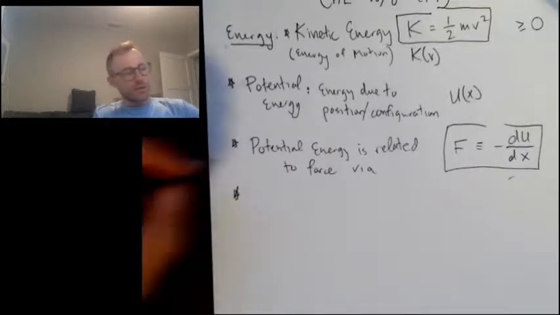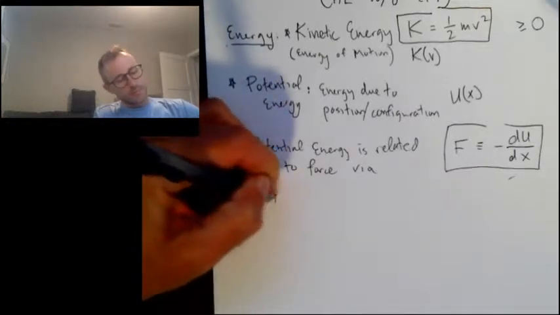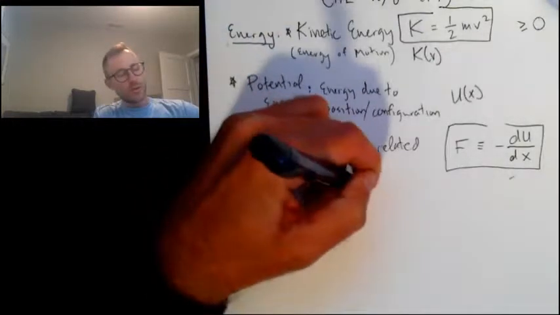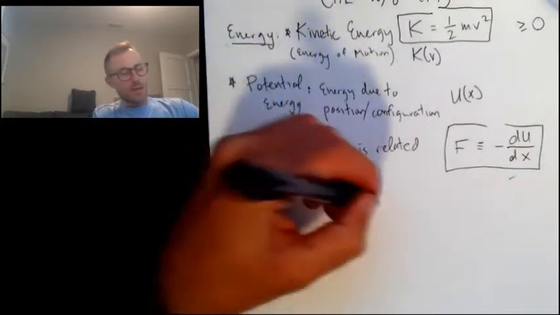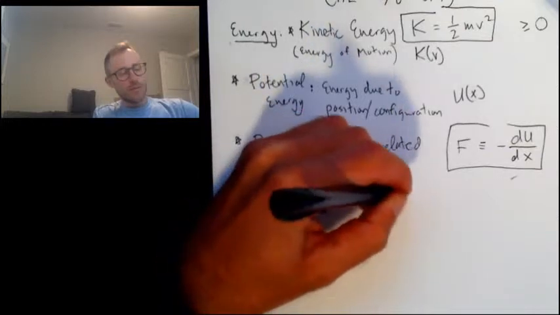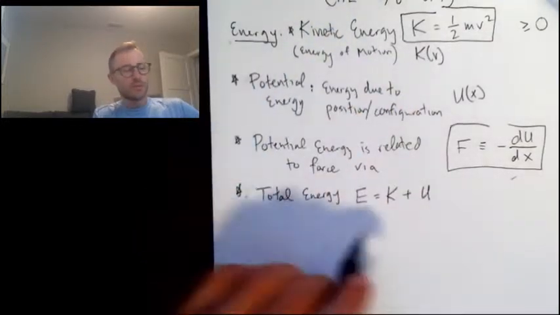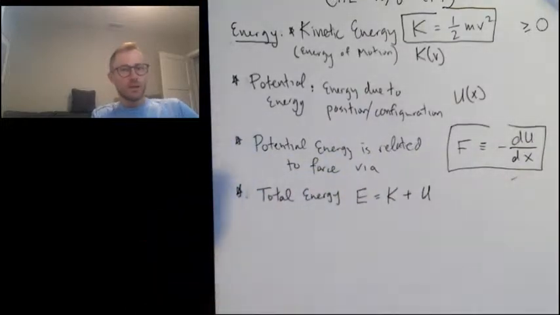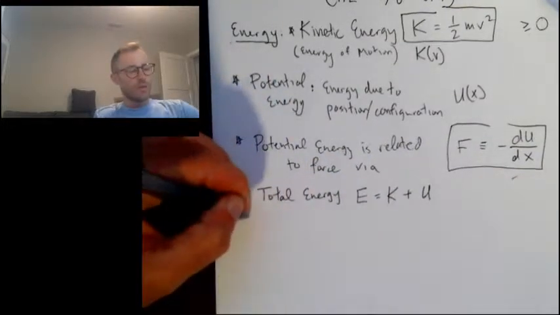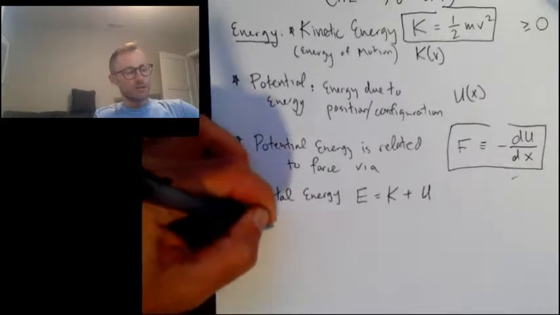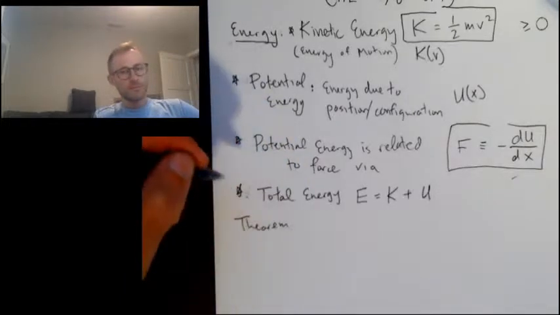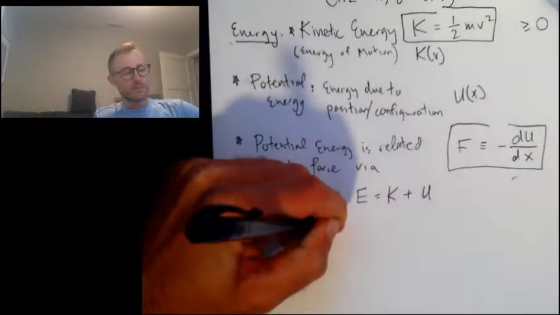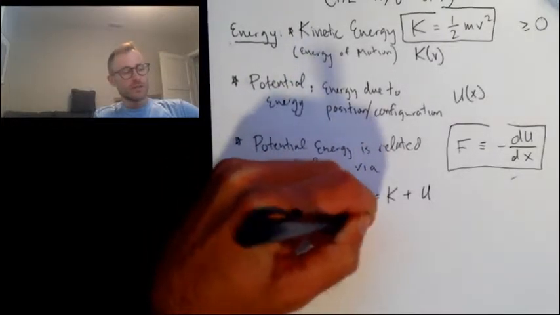The total energy is denoted by E, and it is equal to K plus U. So kinetic energy plus potential energy is the total energy. So I'm going to prove a theorem for you guys. And that theorem is that energy is conserved.